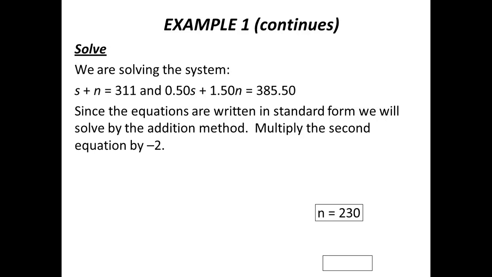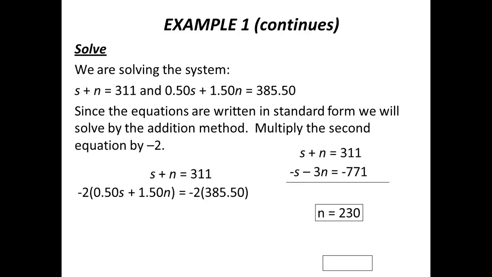Multiply the second equation by -2. This gives us S plus N equals 311. Multiplying through by -2, we have negative S minus 3N equals negative 771. Adding the two equations together eliminates the S, and we have N equals 230.